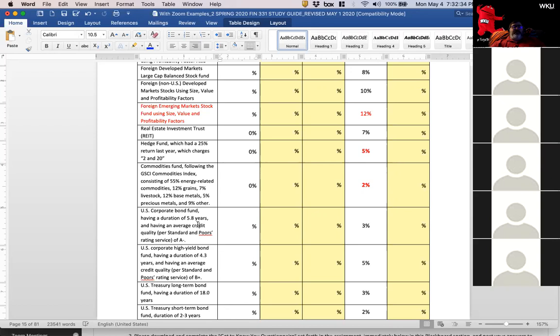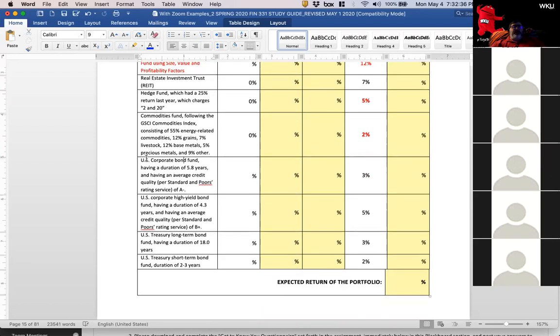So let's go down to these corporate bond funds. You know what? Here in the COVID-19 crisis in March, all corporate bond funds went down in value. Even high investment grade bonds, short-term in duration, even though interest rates went down, people were afraid of risk. And the risk of corporate bonds is the company files bankruptcy.